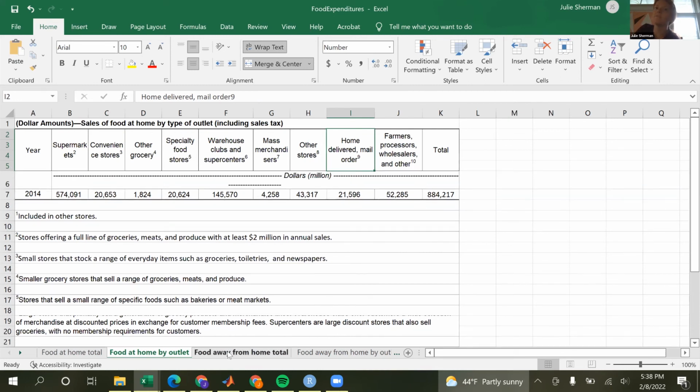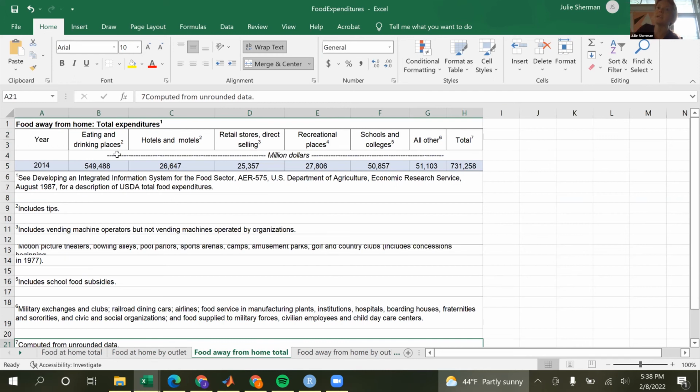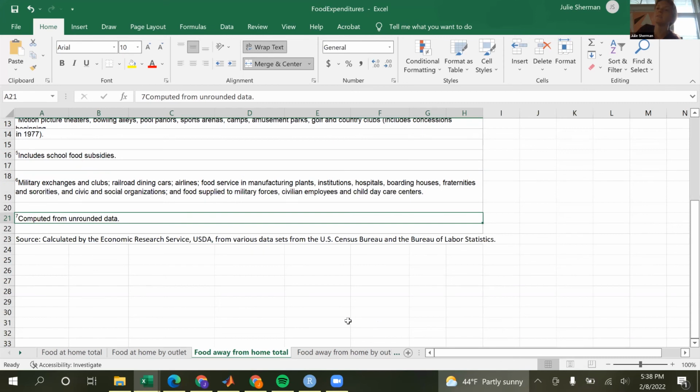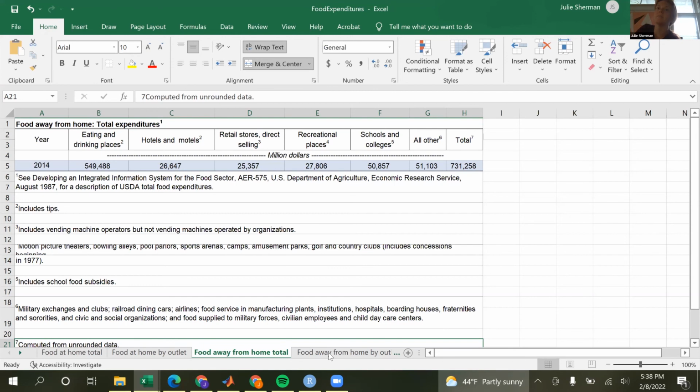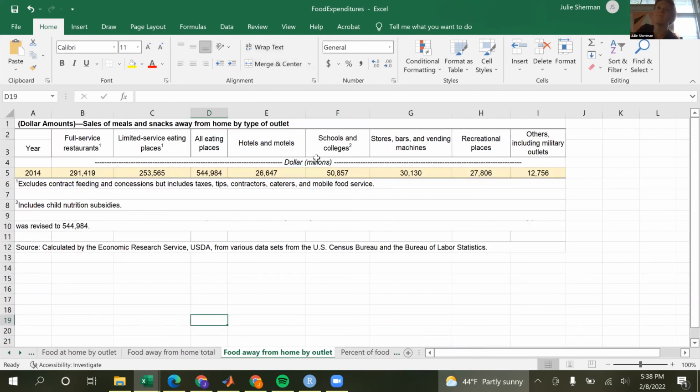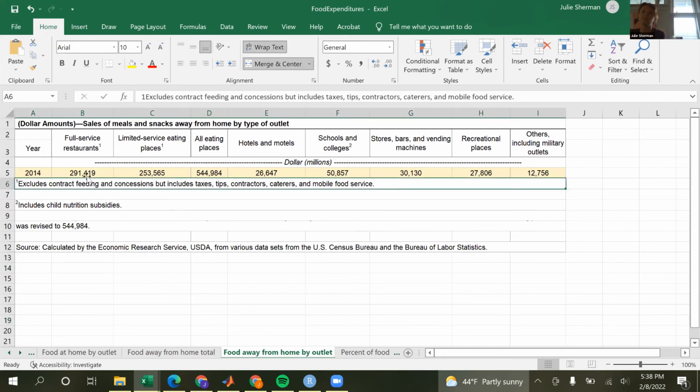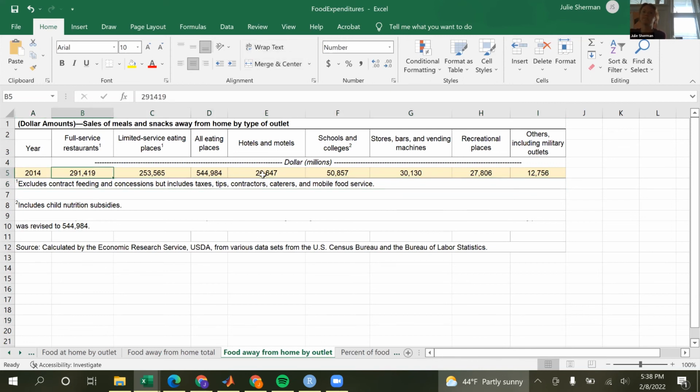And then we can look at our food away from home. This is broken down by hotels, recreational, schools, and then finally, food away from home by outlet. Oh, there it is. Okay. This is very similar to the last tab. We just now have it broken down into restaurants, etc.